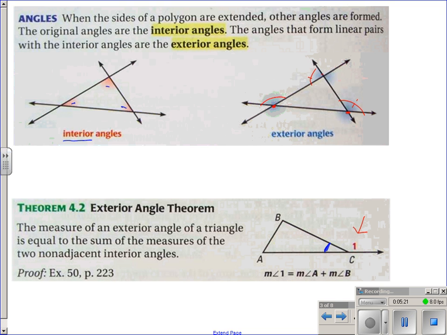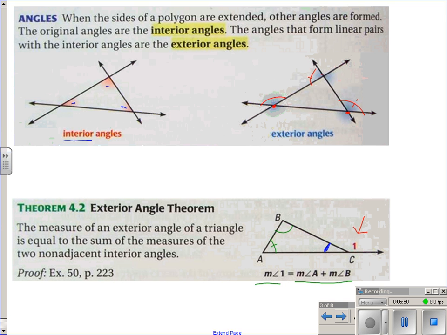The theorem says the measure of an exterior angle of a triangle is equal to the sum of the measures of the two non-adjacent interior angles. So the blue one is the adjacent interior angle. That means the non-adjacent ones are these green angles here, angle A and angle B. And so the exterior angle, angle 1, is equal to the sum of the two non-adjacent interior angles.